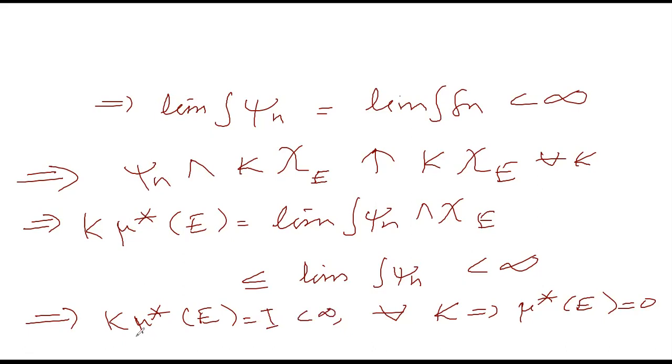So if mu star of E is finite, then k times mu star of E cannot be less or equal to I for each k. So that's why mu star of E must be equal to 0. Then in that case, 0 is less or equal to I, which is true. So that means E is a null set. Therefore E is a null set.